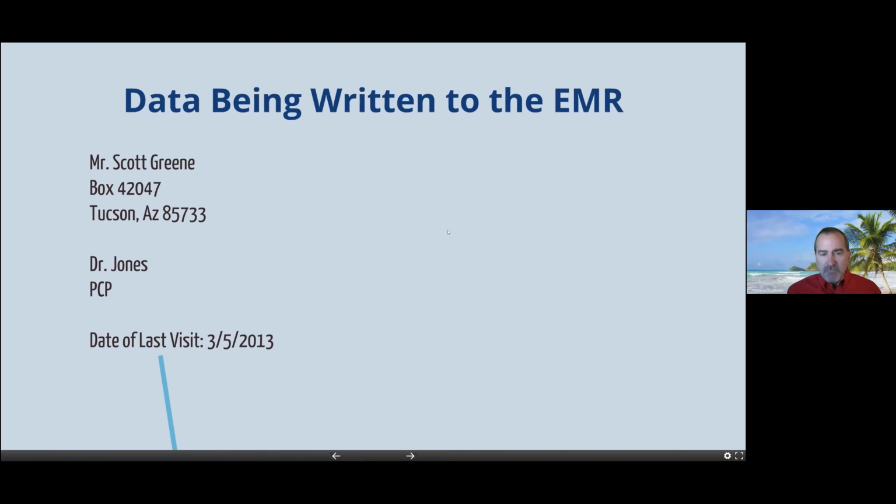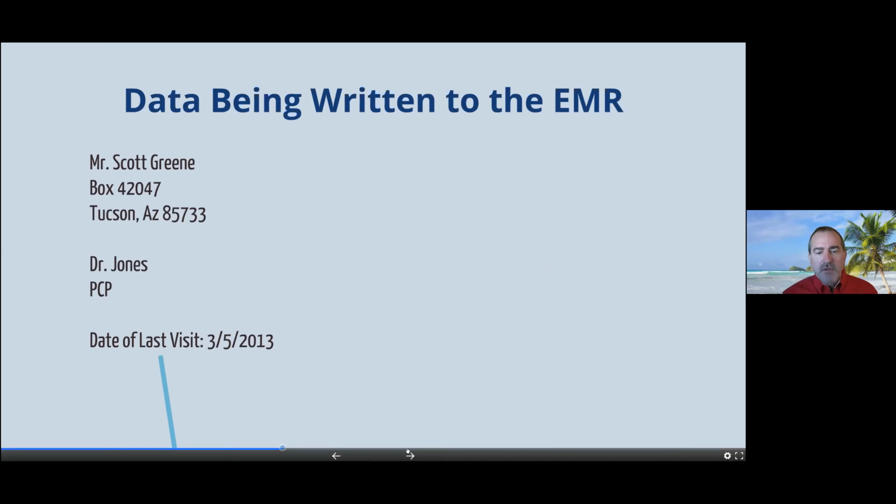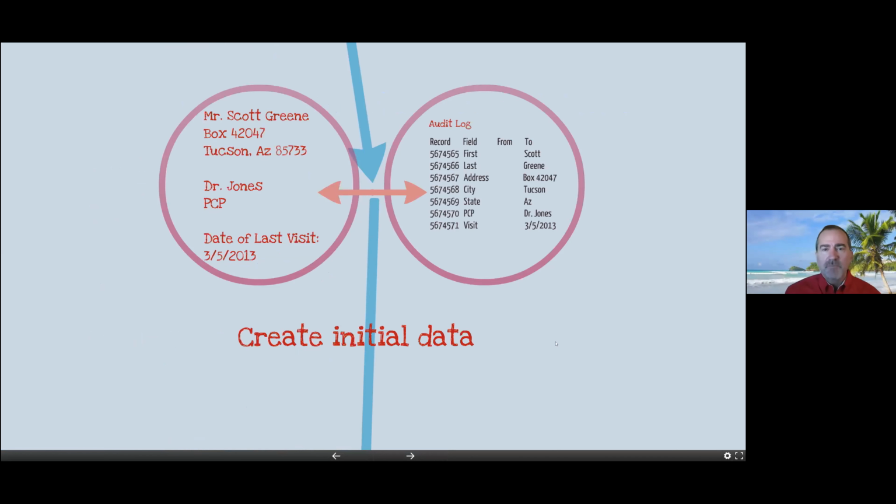So I became a patient of this doctor in 2013, and it's Dr. Jones, and he's my primary care physician. That's what PCP stands for. It's not the drug, I swear. And the data being written into the EMR is actually this particular information, and it ends up into something like this.